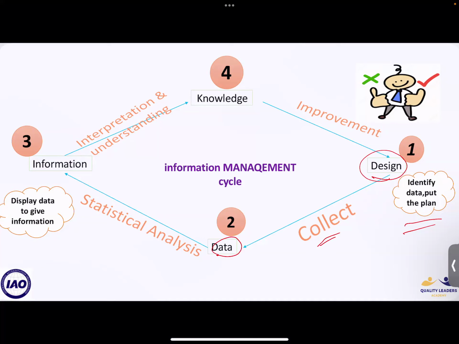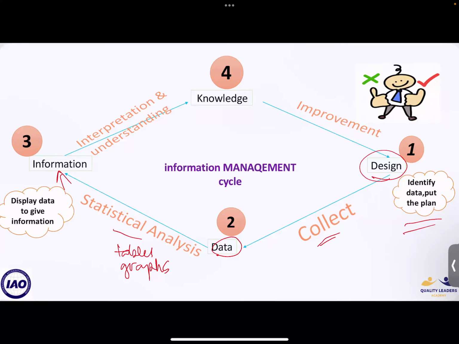The data you have gathered will then go through aggregation and organization, and you will use statistical methods of analysis such as tables and graphs to aggregate it. Then you transform it and display it on the appropriate graph. So you have transformed the data you have into what? Into information, right?